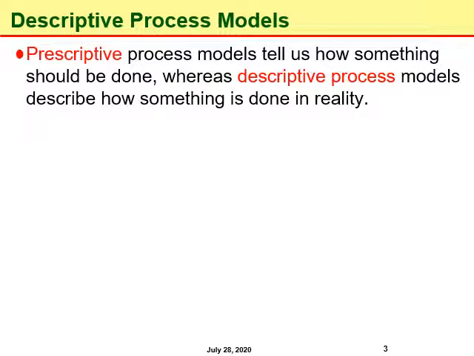In the previous lecture, we had learned the definition of the prescriptive and descriptive process models. So from the definitions, we know that the prescriptive process models tell people to do something differently, which means that they need to change their behavior, whereas a descriptive process model describes what people do every day, which means that it reflects the current practices.